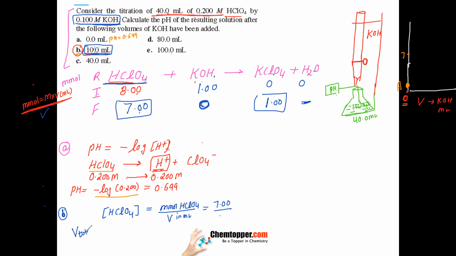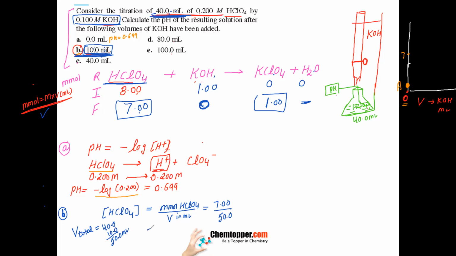That's why we are working with millimoles. V total is 40.0 plus 10.0, which is 50.0 ml. The volume changes. This is added to this. These two are added. So it is 50.0. That's the concentration of HClO4.